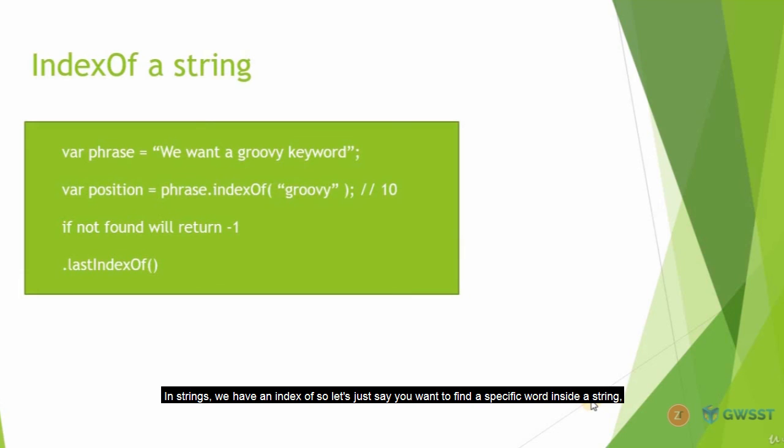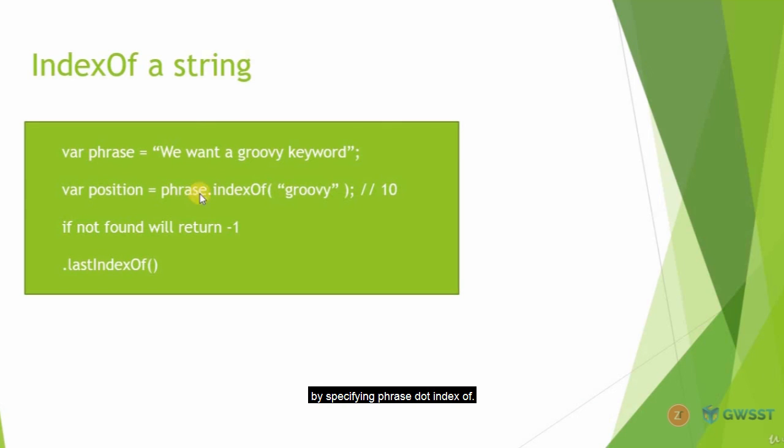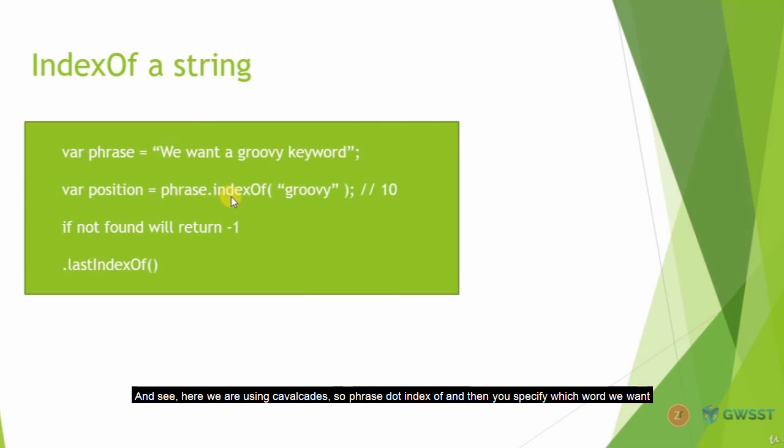In strings, we have indexOf, so let's just say you want to find a specific word inside a string. For example, here we have a phrase called "we want a groovy keyword." We can find the position of it by specifying phrase.indexOf. Now you can see here we are using camel case. So phrase.indexOf, and then you specify which word you want to find.